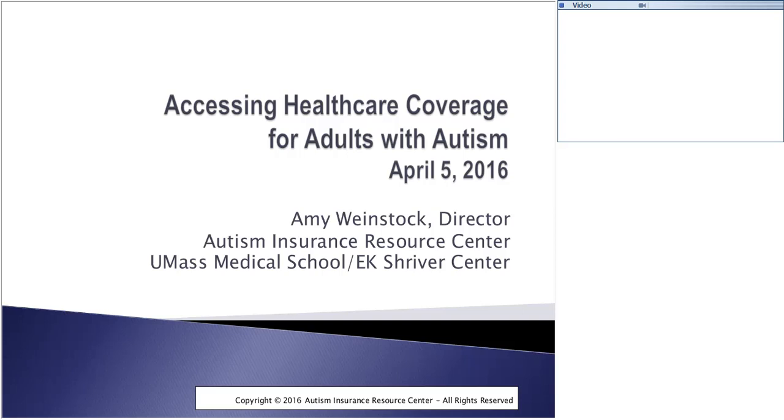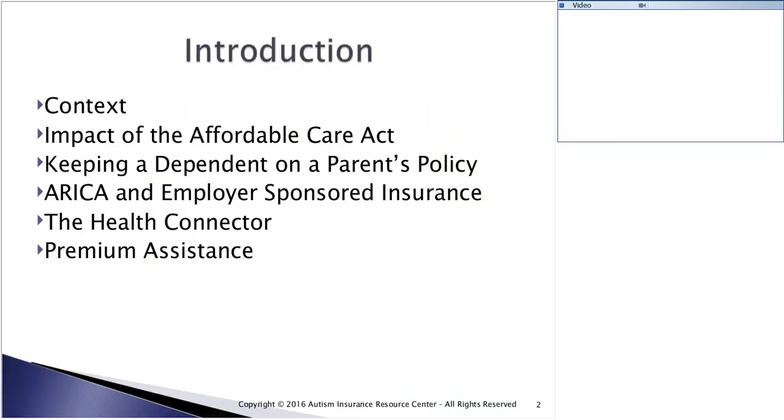So I'm going to mostly talk about accessing healthcare coverage tonight as opposed to accessing healthcare, but it's a little bit of a chicken and egg thing. They're obviously not disparate. I'm going to give you a little bit of context. I'm going to talk about the Affordable Care Act and how that has impacted and really helped people's ability to access stuff.